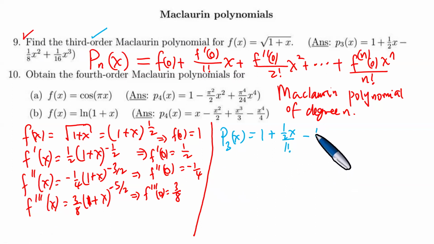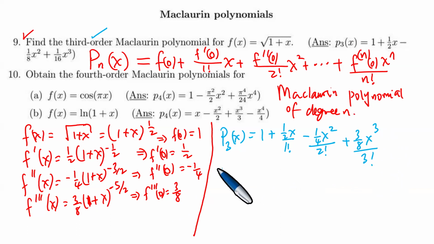And then third order, so you're going to do the third derivative, which is 3 out of 8, and then it is x cubed divided by 3 factorial. Then you stop there.